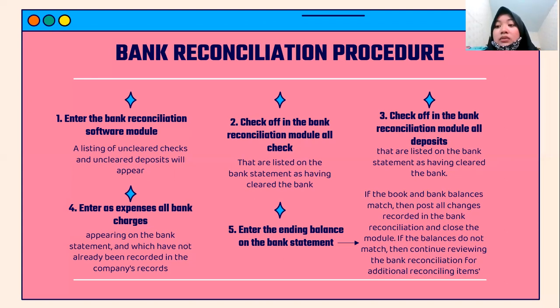Then the last is if the book and bank balances match, then post all changes recorded in the bank reconciliation and close the module. If the balances do not match, then continue reviewing the bank reconciliation for additional reconciling items.